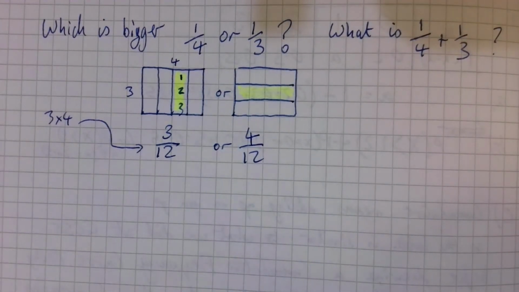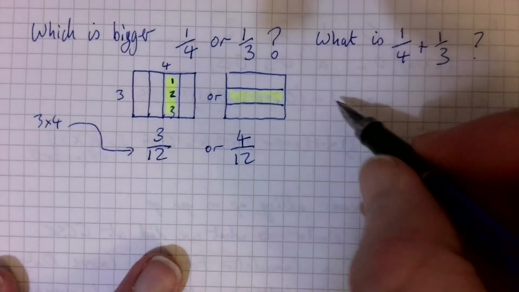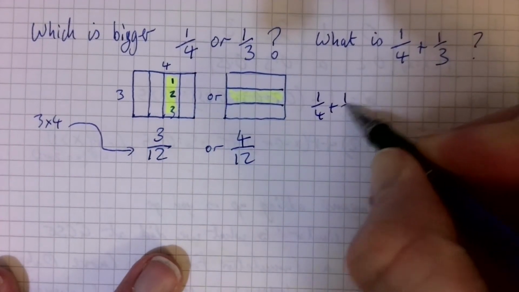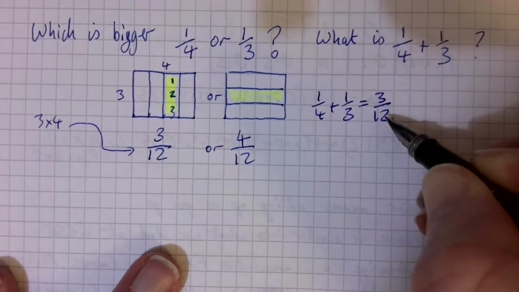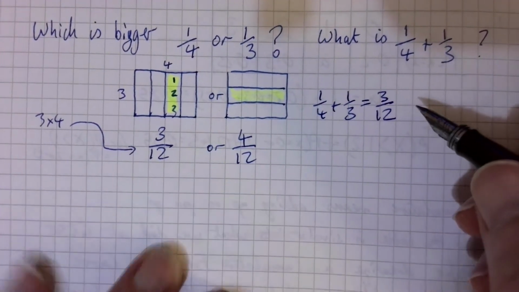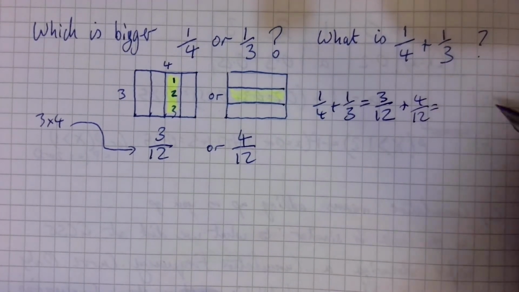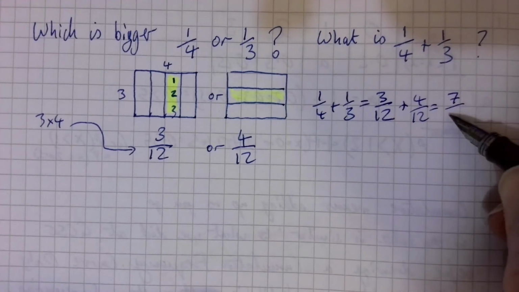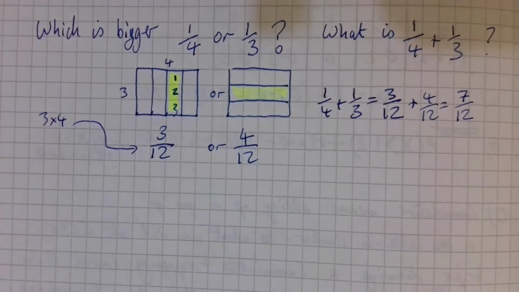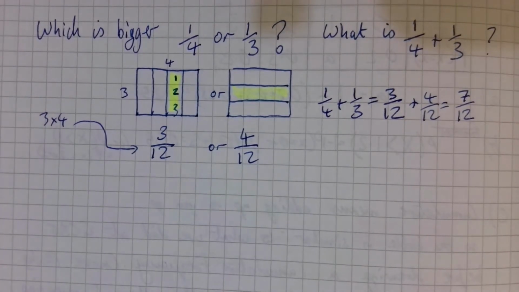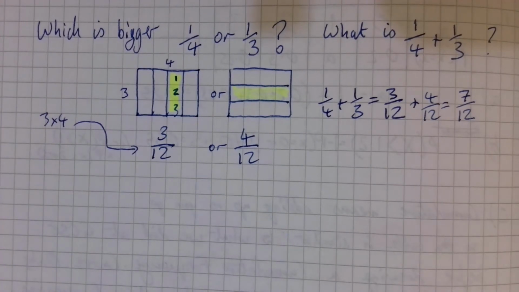So a third is 1/12 bigger than 1/4, and 1/4 plus 1/3 is equal to 3/12, because that's the same as a quarter, plus 4/12, because that's the same as a third. 3 plus 4 is 7, and the 12th stays as 12. If you add 12 and 12 and get 24, you're suddenly making the pieces a lot smaller. No, we've got the same size piece. 12ths is what we want.